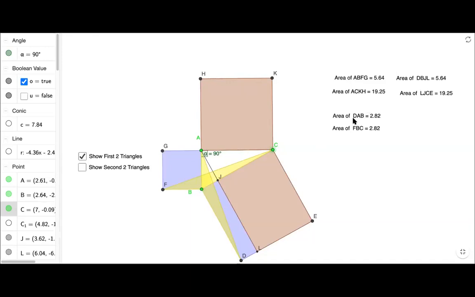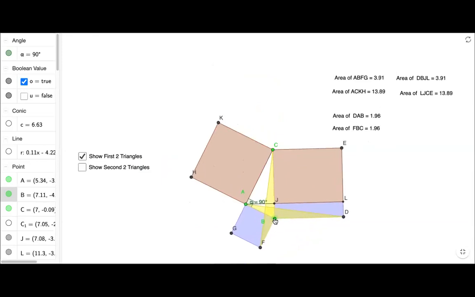See here, FBC is 2.82. Notice how that's half of the square, ABFG. I'm going to rotate this a little.